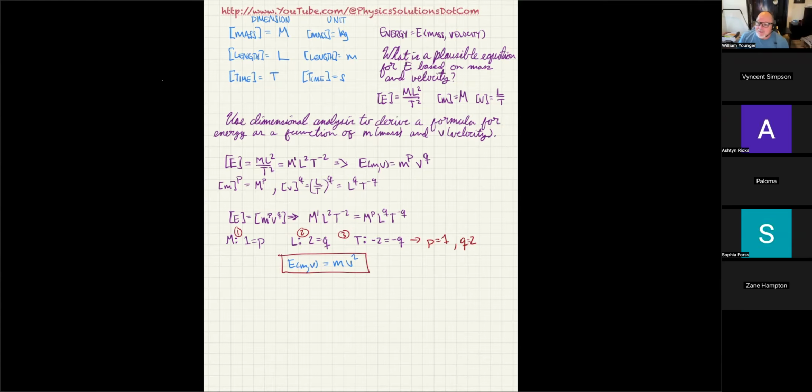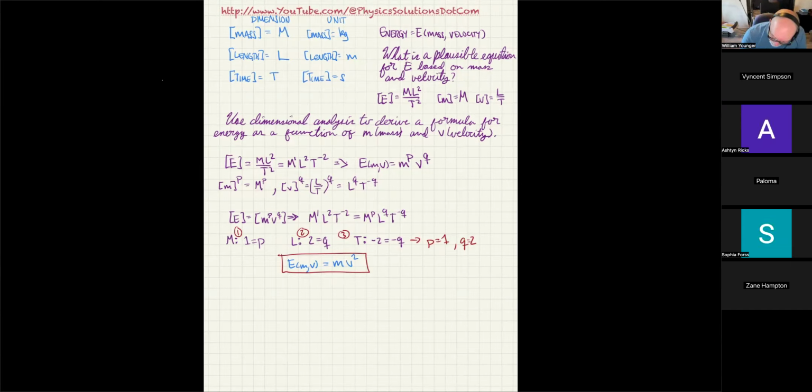All we know is that mathematically speaking, when you have an equation, not only do the numerical parts of the two sides of the equation have to be equal, but the dimension part or the unit part of each side has to be equal as well. And just using that fact, we were able to derive a formula of mv squared or a formula of mc squared.